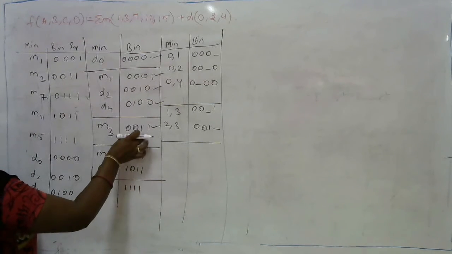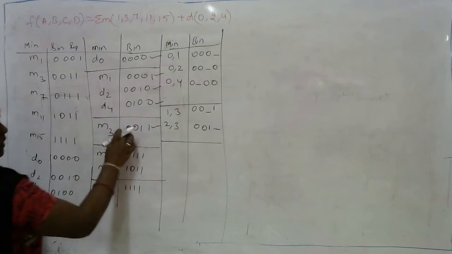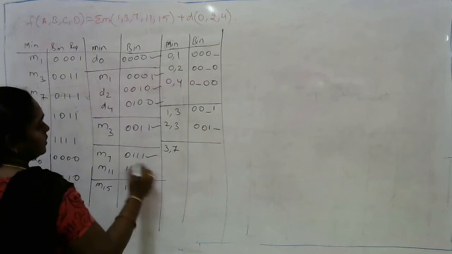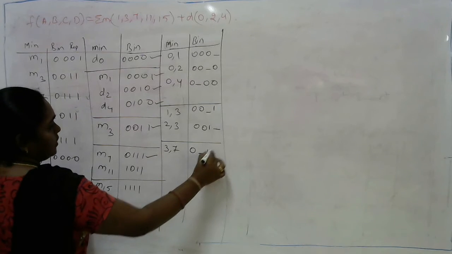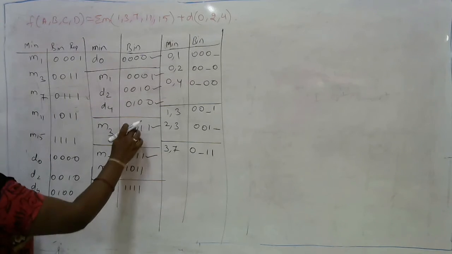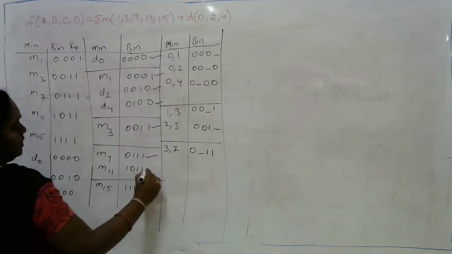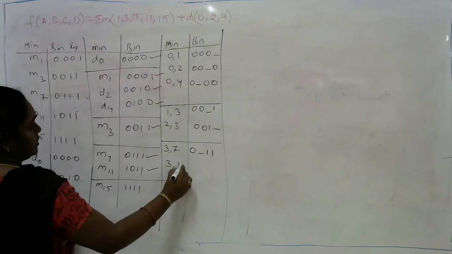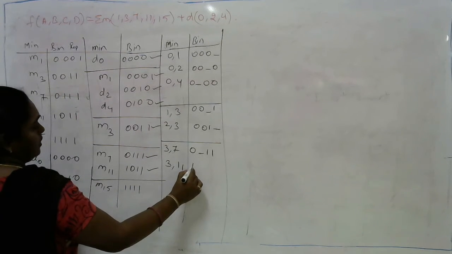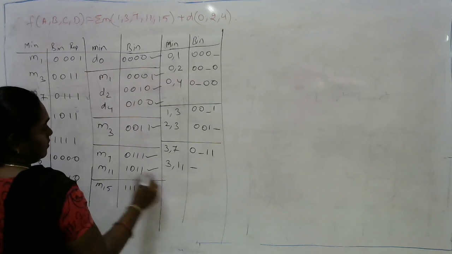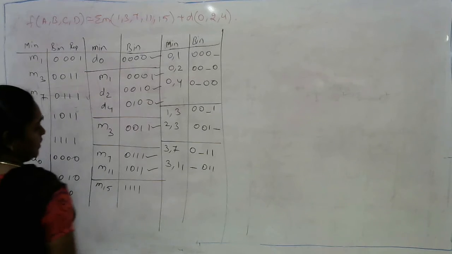Similarly, compare partition 3 with partition 4. Comparing 3 with 7, there is change in a single bit position, that is 0 dash 1 1. Similarly, compare 3 with 11. In 3 with 11 also there is a change in single bit position, sorry, this is 1, so it is blank followed by 0 double 1.